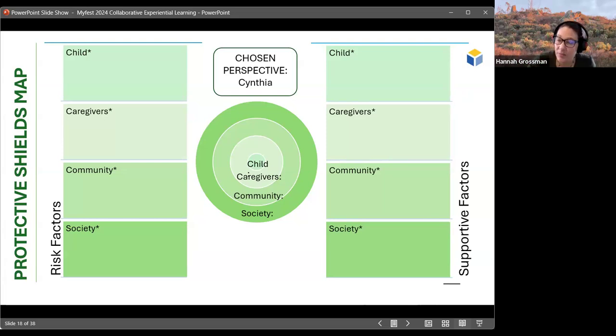Because the neat thing about these heuristic tools that help you organize information is when one person is talking and another person is thinking, that cognitive load can mean they're not listening as well.